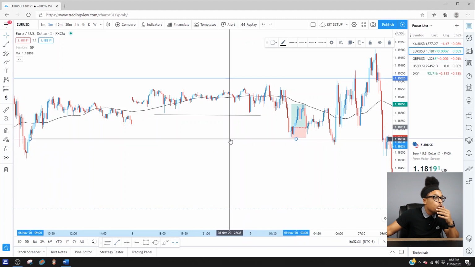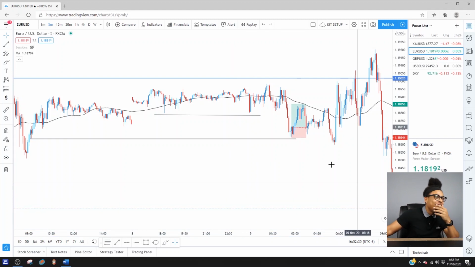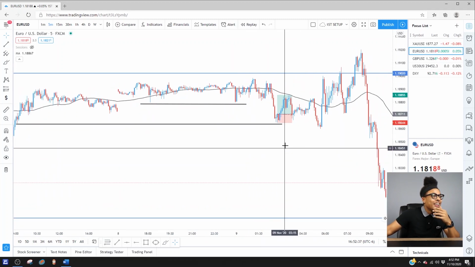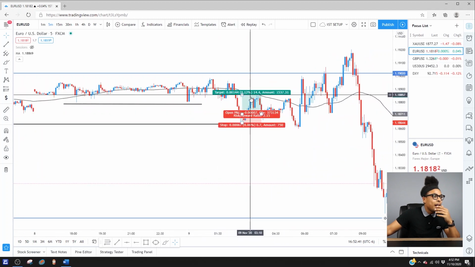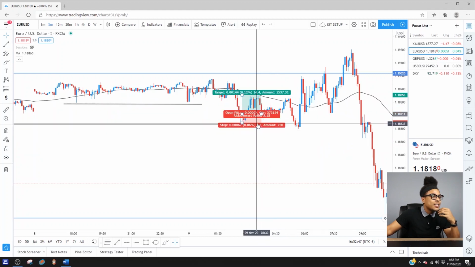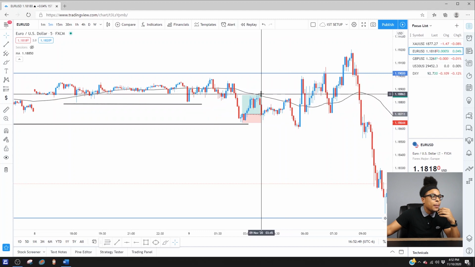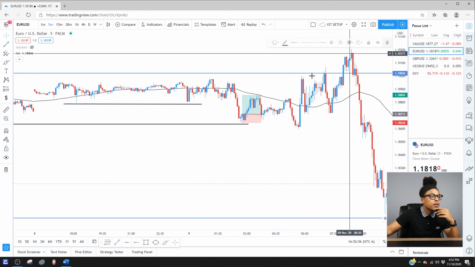It created more liquidity. So it pulled back on some Fibonacci, and it came back down, and it would have taken me out. But as you can see, the market came back and made equal highs right here.